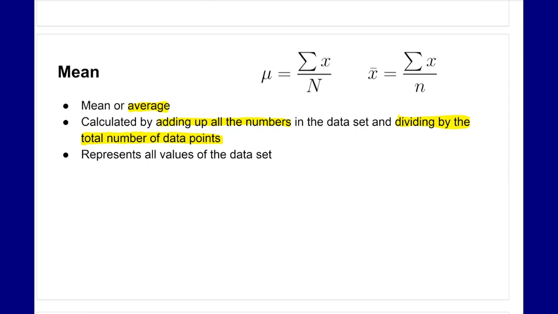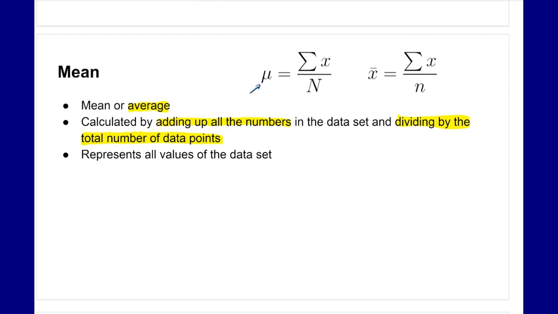Right? Remember this giant E-looking symbol, sigma, means the sum of, and then the sum of each x, or each data point, divided by the total number of numbers, or n, equals our mean. And we have two different ones.